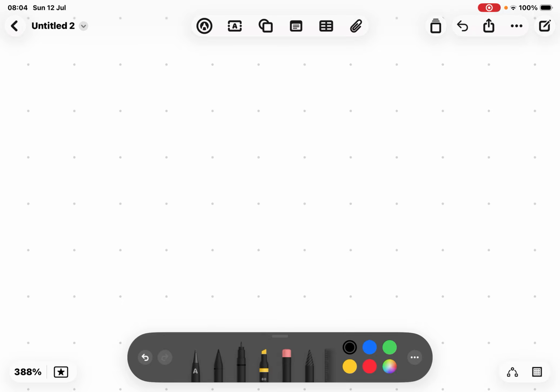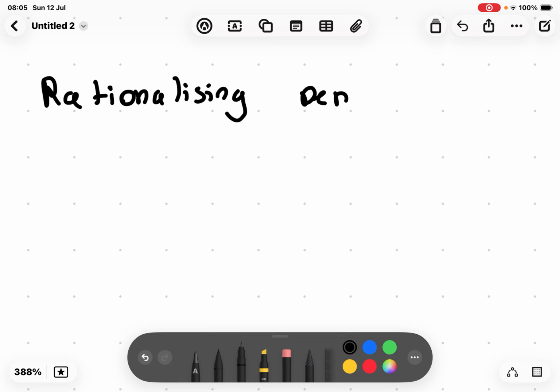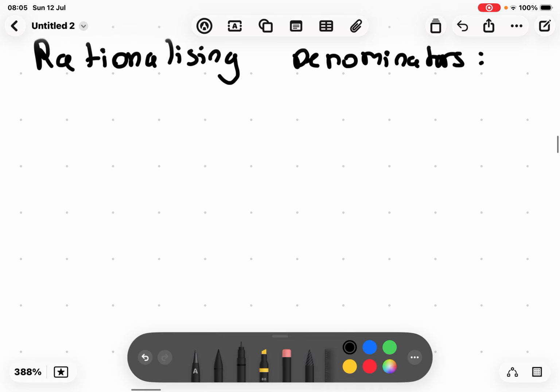And now let's talk about rationalizing denominators. So let's say we have something like this. I'm not sure exactly what we're doing.